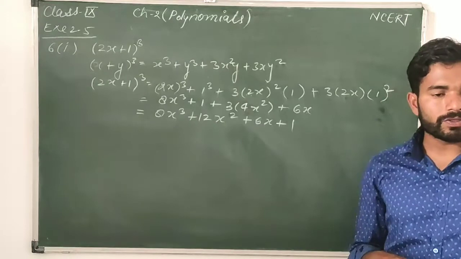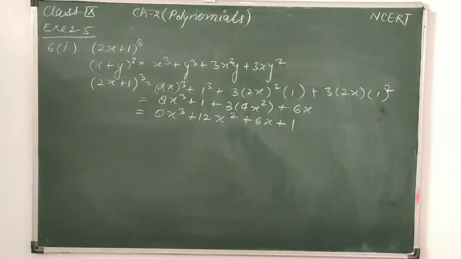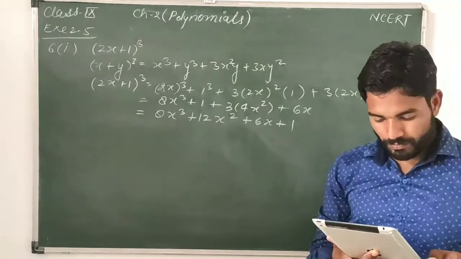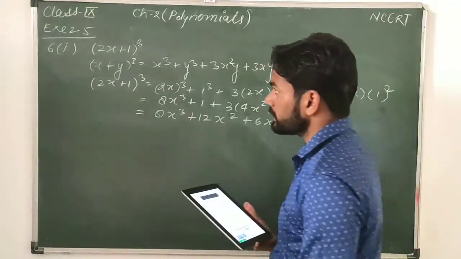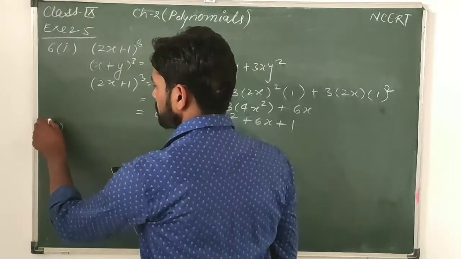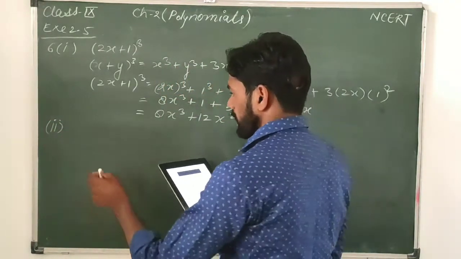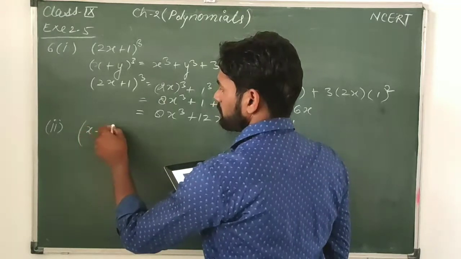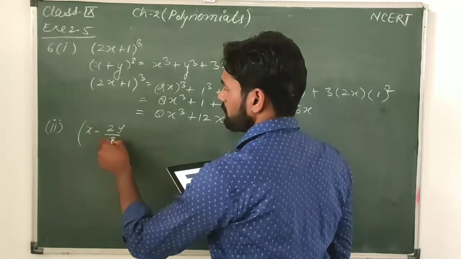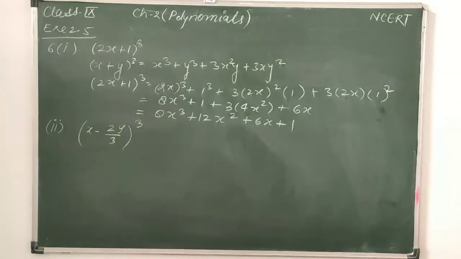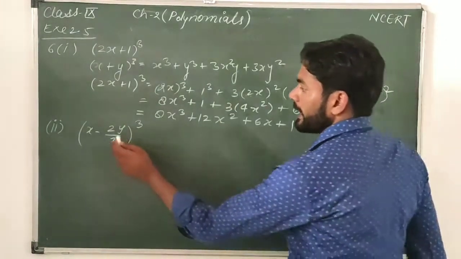Now I am going to simplify the last, fourth part, and the remaining parts you will try to solve. The last part is (x minus 2y upon 3) whole cube.